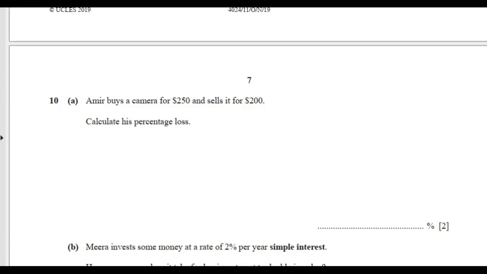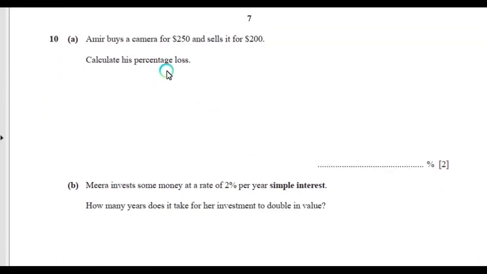Okay, the next question is, in A part, Amir buys a camera for $250 and sells it for $200. Calculate the percentage loss. So percentage loss always depends on the loss we get, because this is the selling price, which is less than the cost price, that's why this is the loss he got.